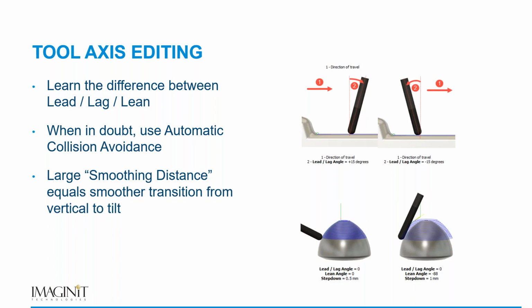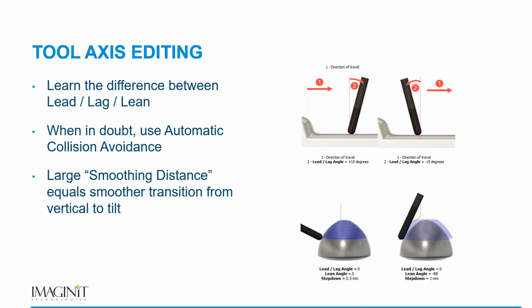Essentially, the lead and lag angle is in the direction of travel. So they show here if you're moving in direction 1, this angle, basically forward or backwards, is going to be your lead and lag angle. So a positive value will tilt the tool forward, a negative value would tilt it back.